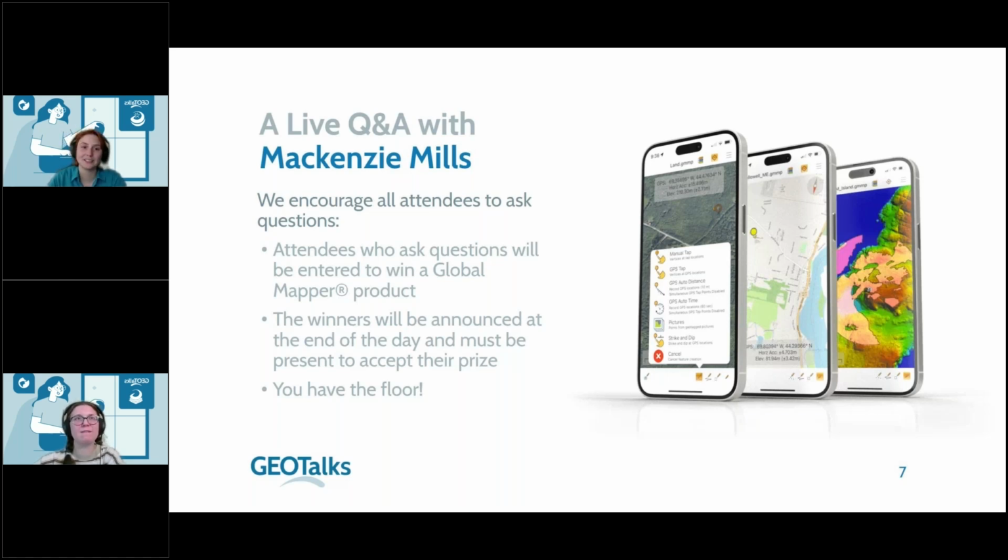Also, just the expanded list of online data sources. So the ability to stream some imagery in, even create some custom online sources to stream in, just like you would in Global Mapper Desktop. So those are the big points, although there are smaller features that Pro unlocks as well.